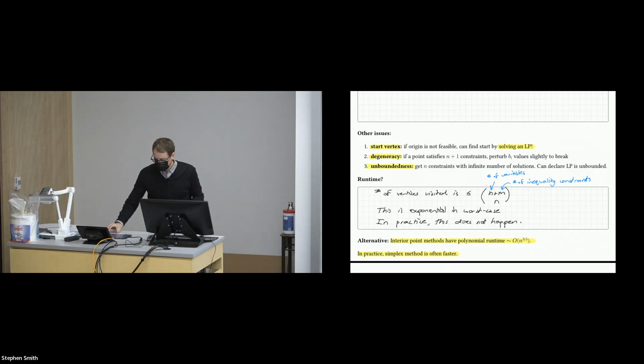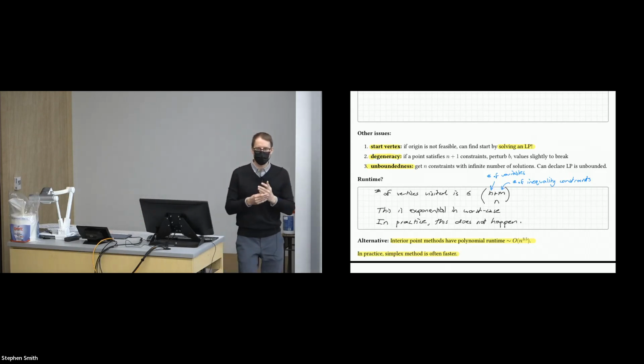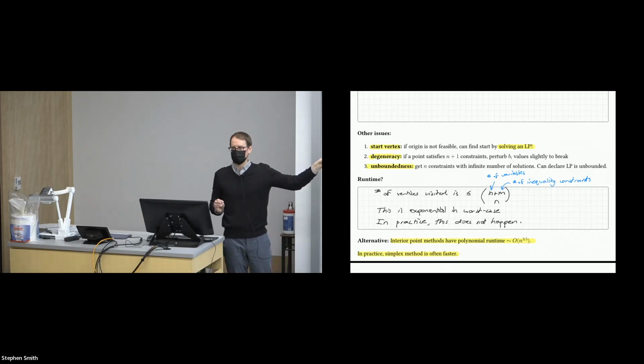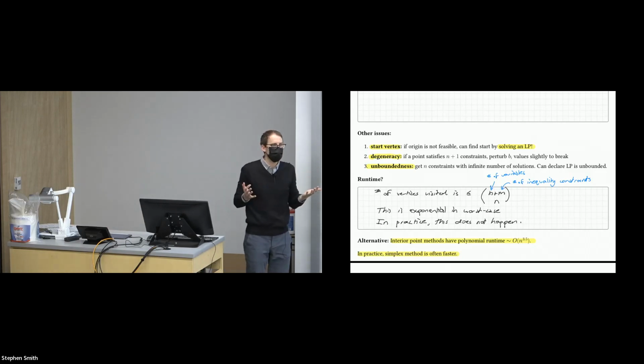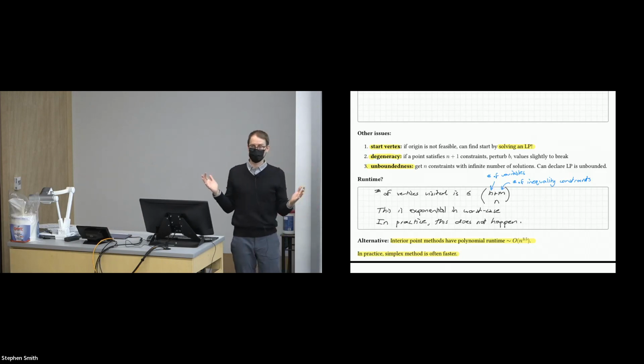Just to give you maybe the takeaways that I hope you get from this section: the details of how the simplex algorithm works are interesting, but that's not really what I'm trying to get at. The thing I hope for you to understand is, what is a linear program? What do they look like?